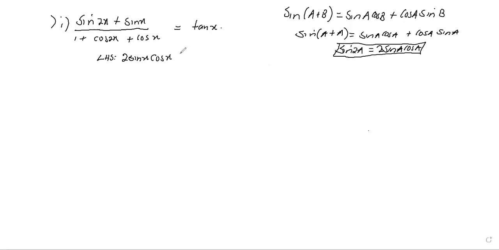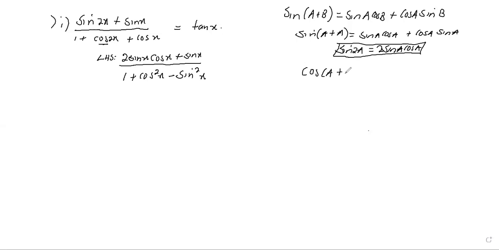So that there now we have plus sine x in the numerator. And then down, where there is cos 2x, cos 2x is actually cos squared x minus sine squared x. Also, it's coming from the same identity.